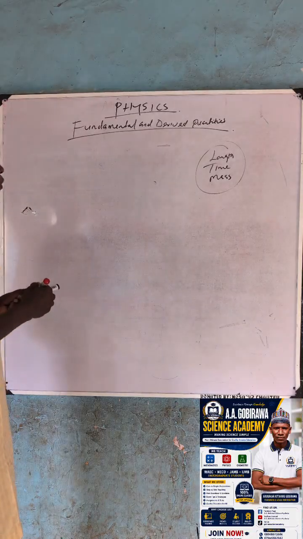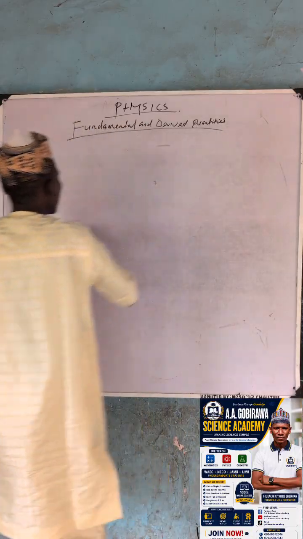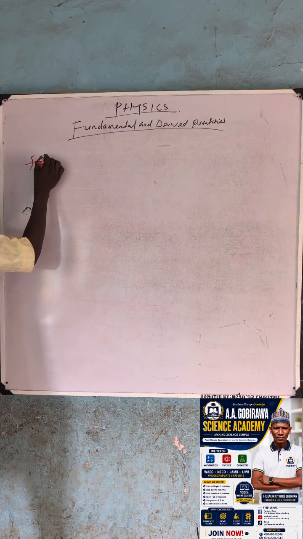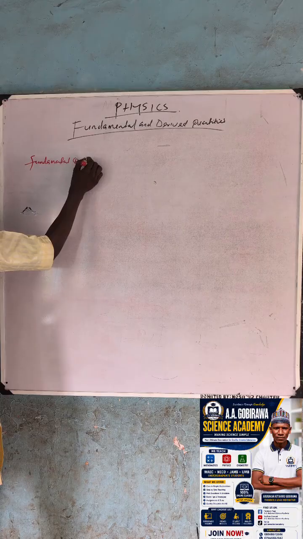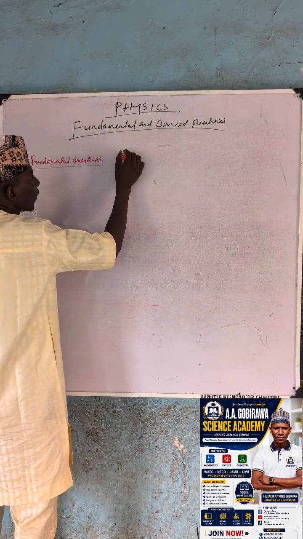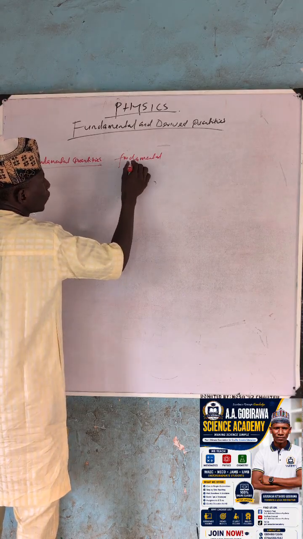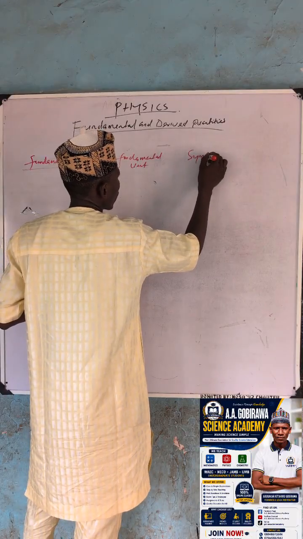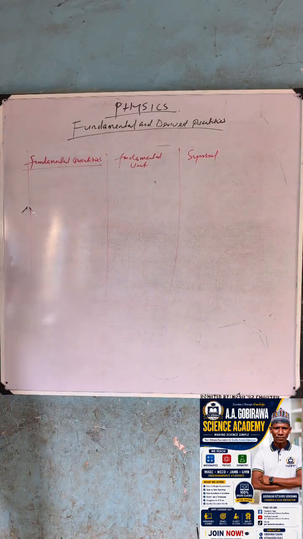We are together, so let us continue. So we see we have fundamental quantity, fundamental units, and also symbols.